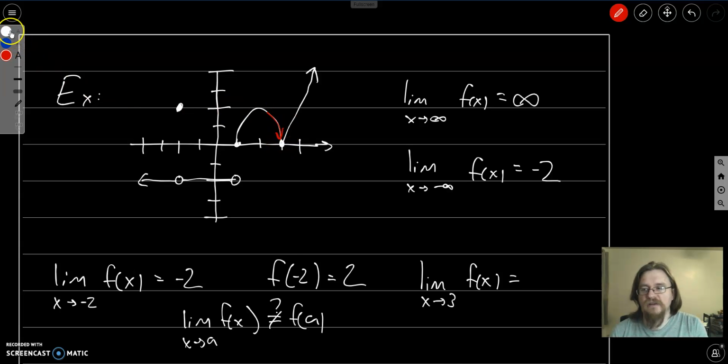So from the left-hand side, we should be getting closer and closer to 0. So let's record that for the moment. If we're coming from the right-hand side, we're also traveling down, and we're also going to crash into this right at 0 as well. So the function height as we approach 3 from the right-hand side is also 0.